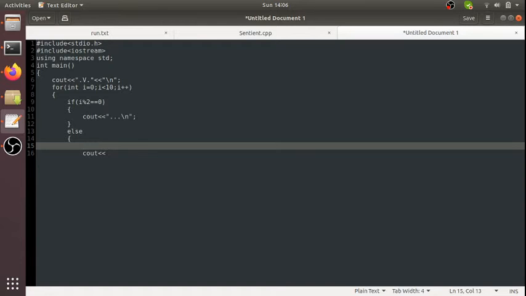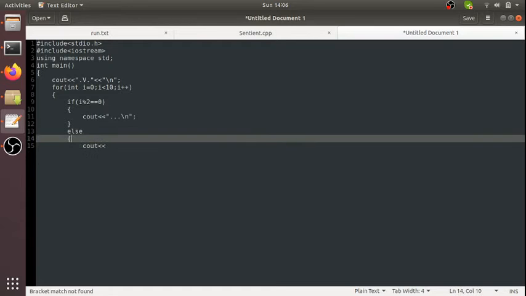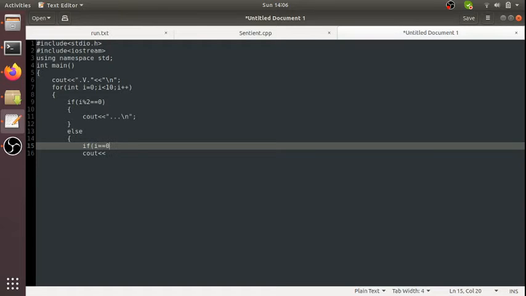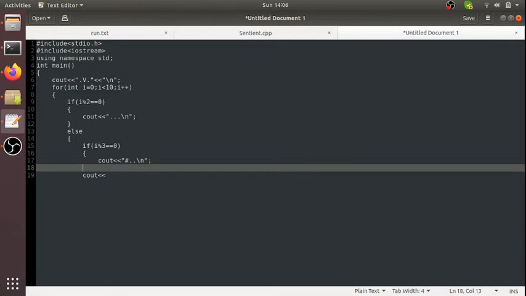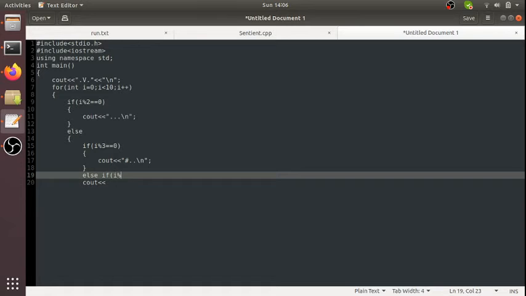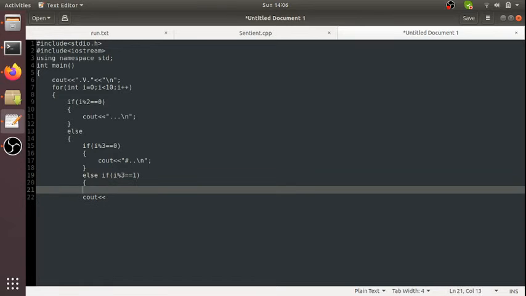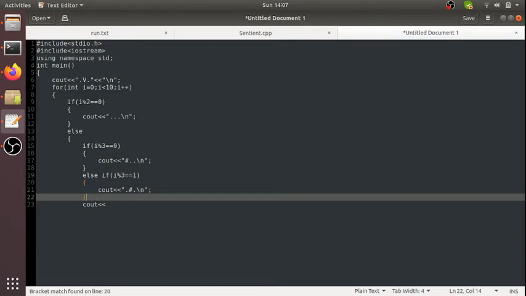So yeah, let's put it in mod 10. If i mod 3 equal 0, then we'll put it at cout the block will be here, and a new line, else if i mod 3 equal to 1, and cout, it will be in the middle, and a new line, else cout.